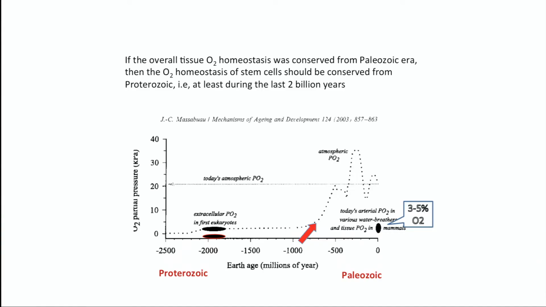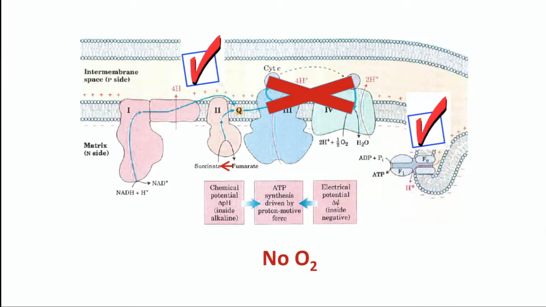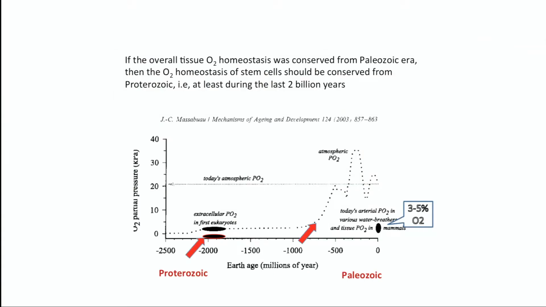It is very important that the general oxygenation of the tissue was considered by a French scientist, Jean-Charles Massabuau, between 3 and 5% oxygen, which is common for all terrestrial and water animals.